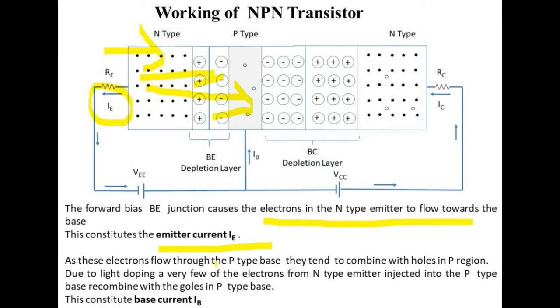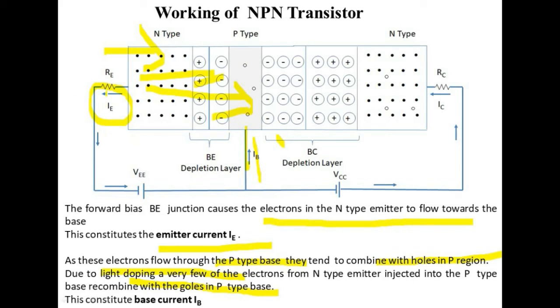As these electrons flow through the P-type base, they tend to recombine with holes in the P region. Because the doping of the base is very light, very few of the electrons injected from the emitter into the base will combine with the holes in the P-type base. This constitutes the base current IB.